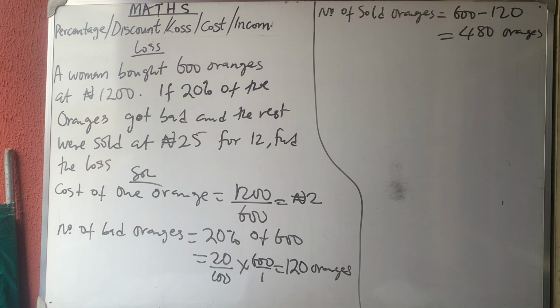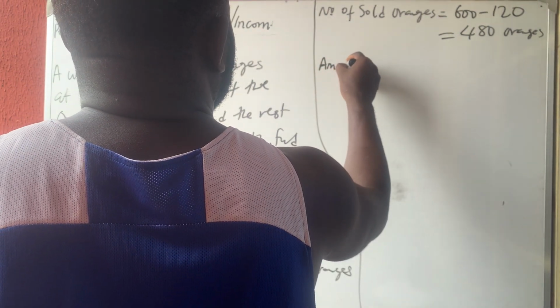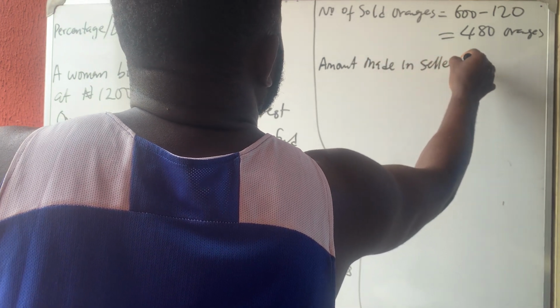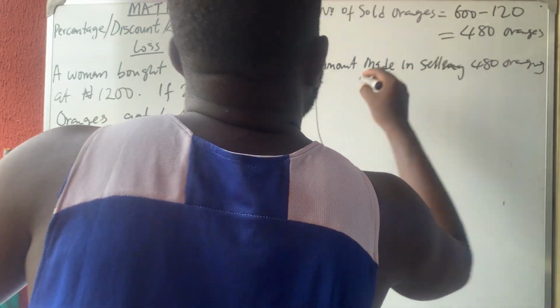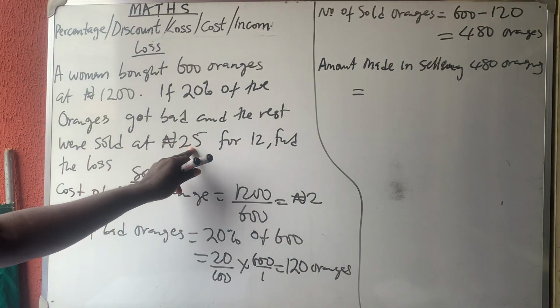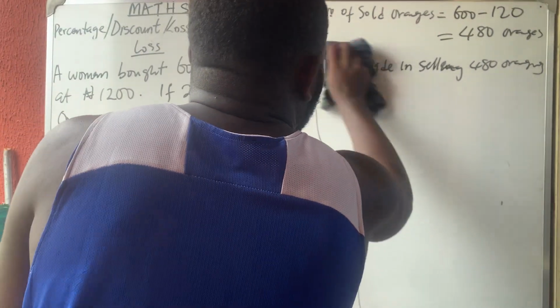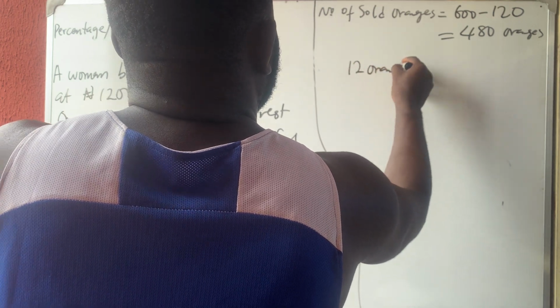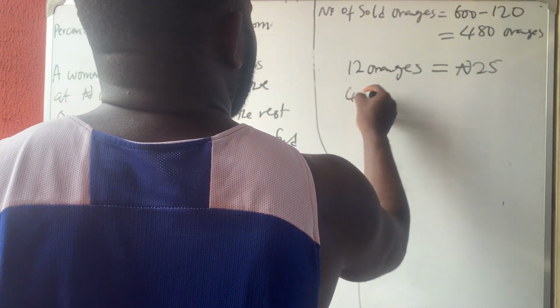So the amount she made in selling 480 oranges: she's selling 12 oranges for 25 naira, and then she has 480 oranges.